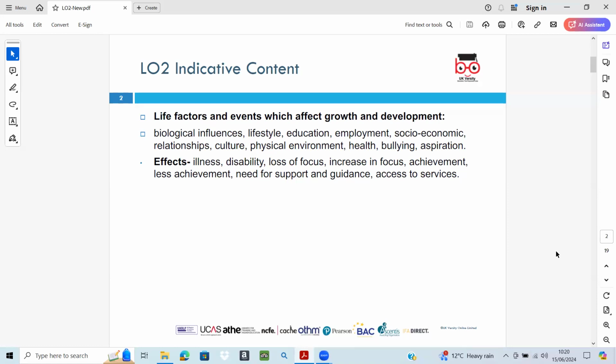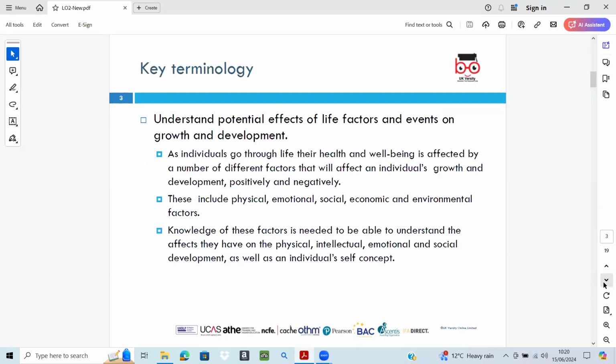Now, move to the next slide. Here we have some key terminology related with the learning outcome too. So we can say that as individuals progress through their life, their health and well-being are influenced by a variety of factors, and these factors have both positive and negative effects on their growth and development.